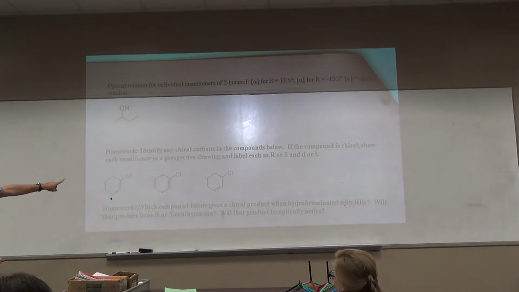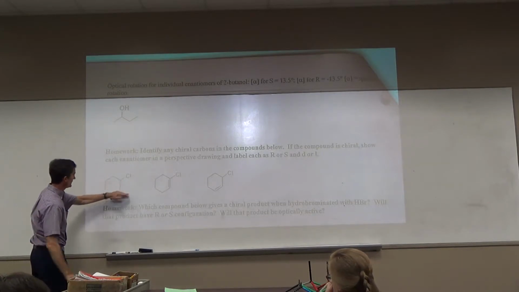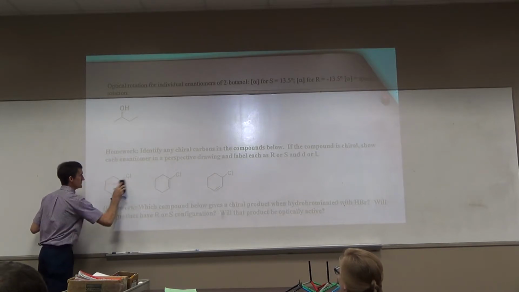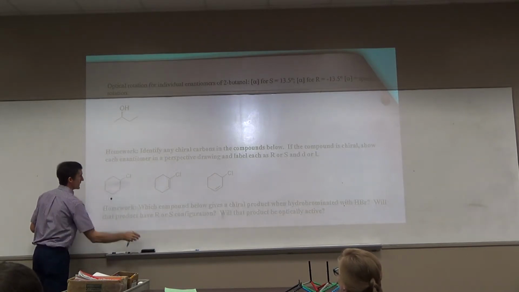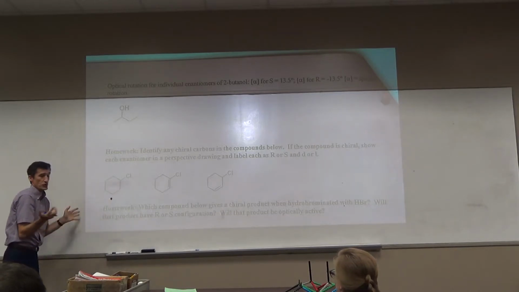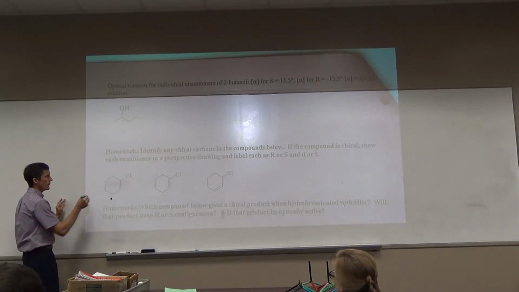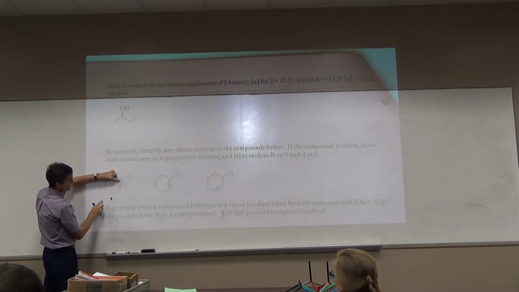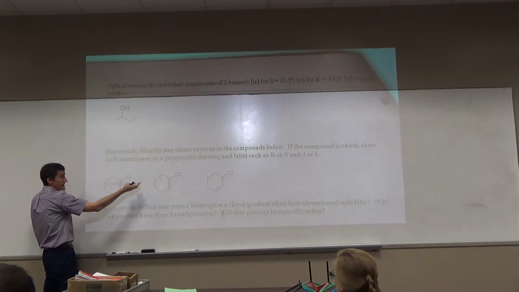Okay. Chiral carbons. Any chiral carbons here? No. I mean, do you see a tetrahedral carbon with 4 different things attached? The one thing I want to point out here is rings. Look at this carbon here, which seems to have possibly 4.